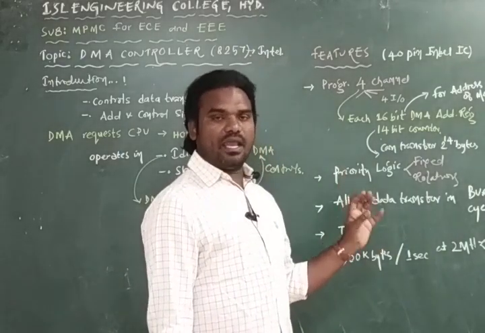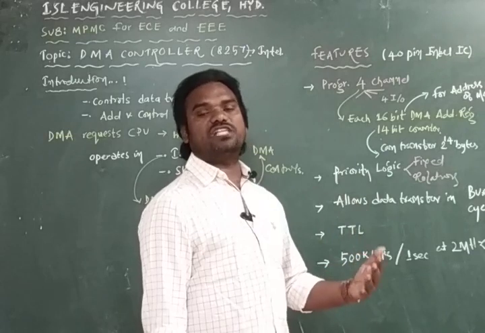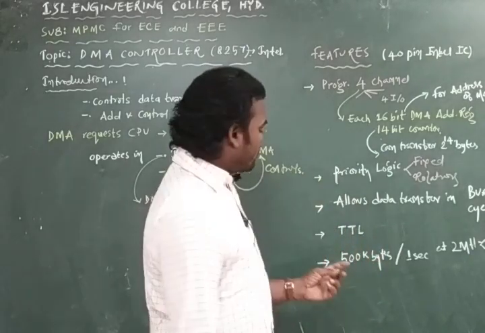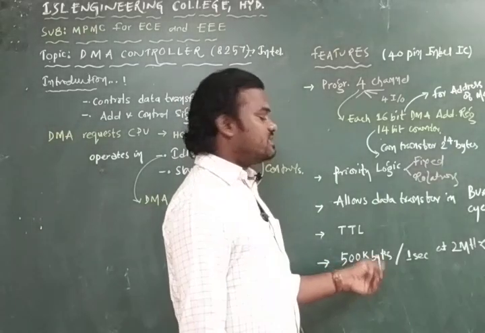That means what? Mainly the DMA controller allows the data transfer between the memory and input output devices. The maximum rate of data transfer is about 500 kilobytes in 1 second.